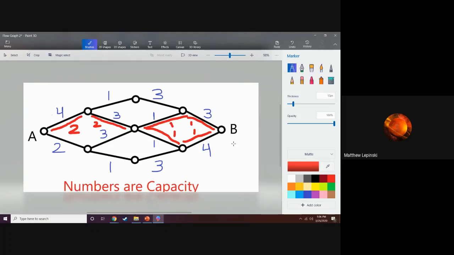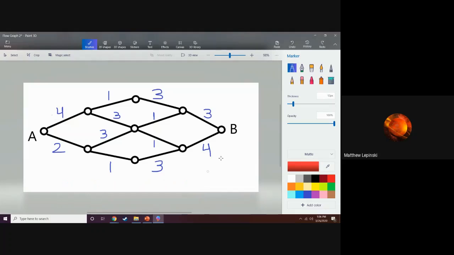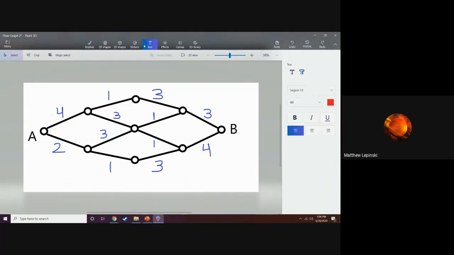So there's a bunch of different flows. And I think Courtney's question is, well, if there's a bunch of different flows, which one do we like? And generally, what we're looking for when we think about flow is, I'm going to erase these quickly.